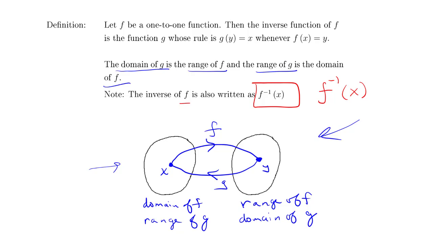This negative 1 here is not an exponent. It is simply saying inverse. That's the inverse of f. Whenever you see that, it is not a power, it is not an exponent, it is simply saying the inverse, and it's read f inverse.